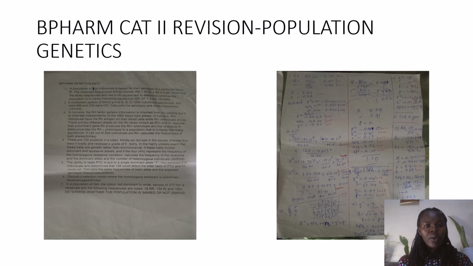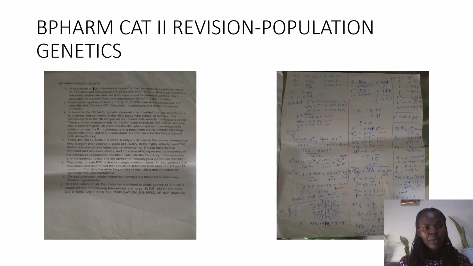So to my left is the question paper which the students have, and to my right is the marking scheme. I'm going through all the questions, and you'll be able to see in the marking scheme keenly how you are supposed to answer the questions.